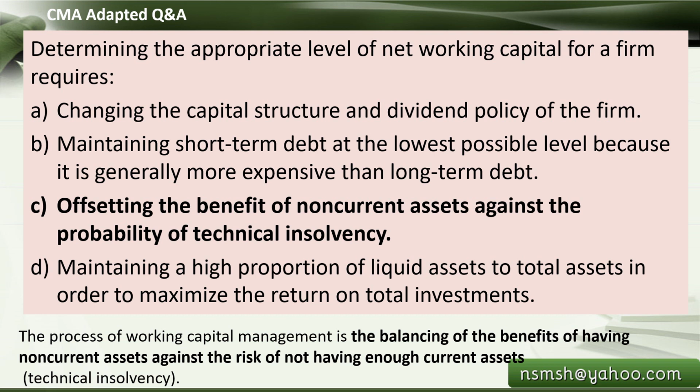Actually, the process of working capital management is the balancing of the benefits of having non-current assets against the risk of not having enough current assets. What does that mean?